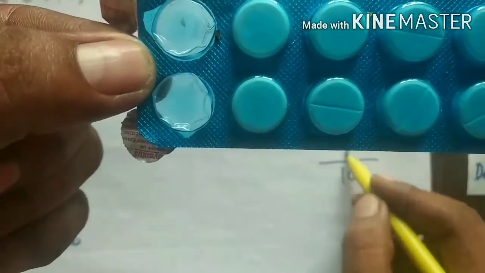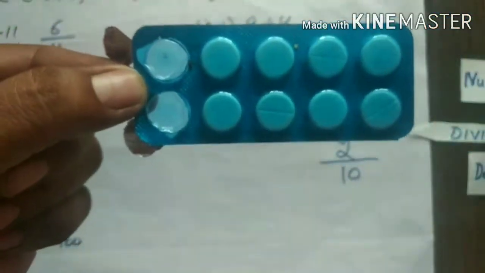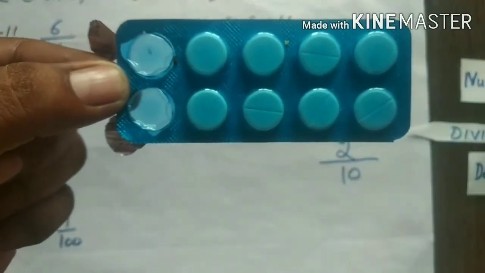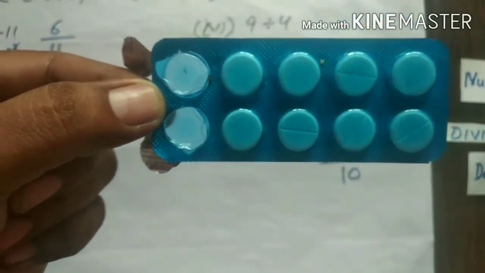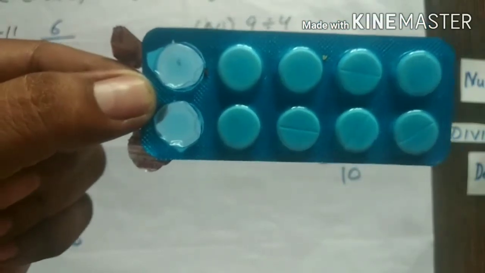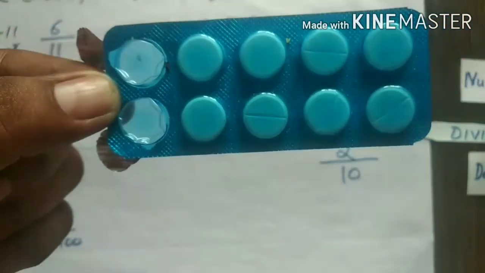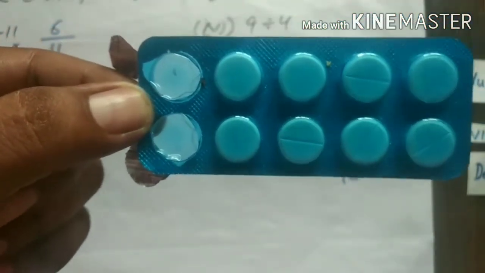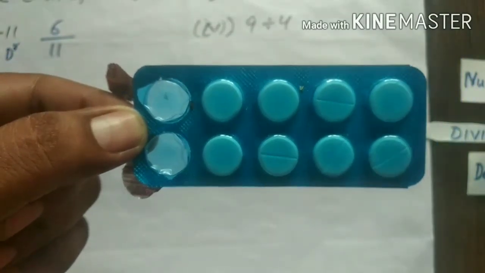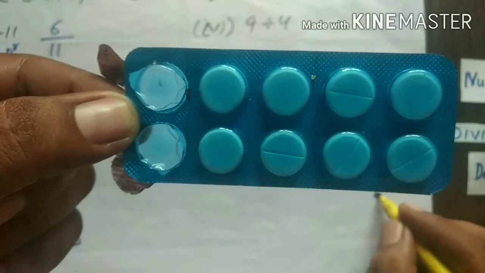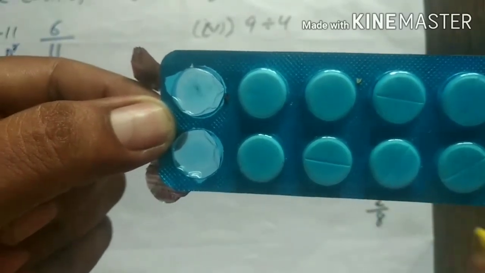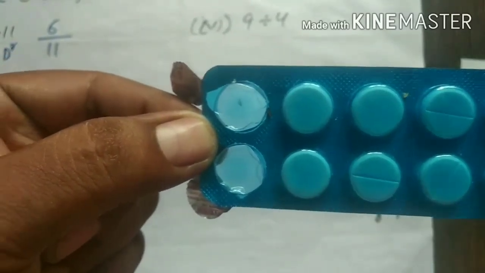I have taken 2. So the fractional representation of this collection of pills is 2 by 10 students. So if you are thinking that this is the fraction over 8, then this is the wrong assumption student.